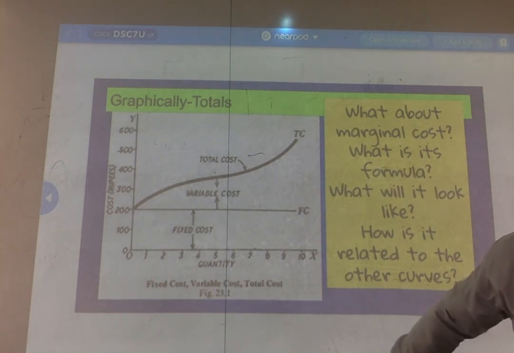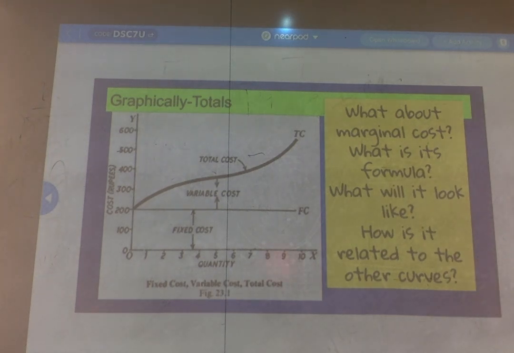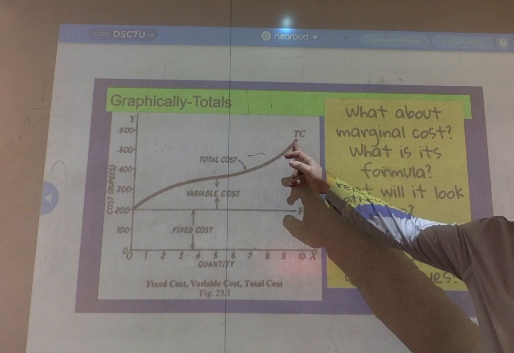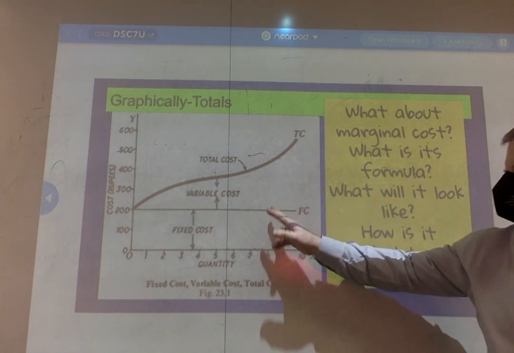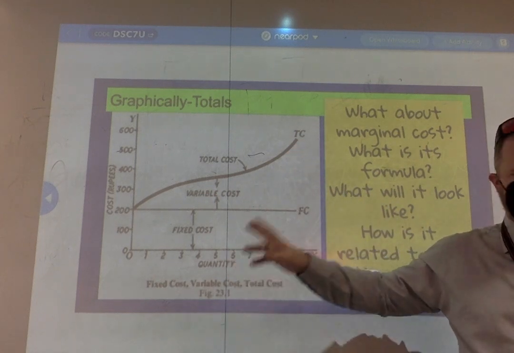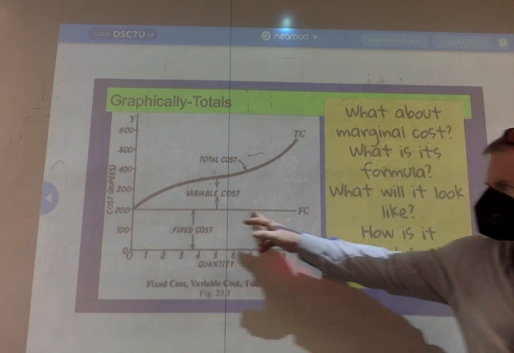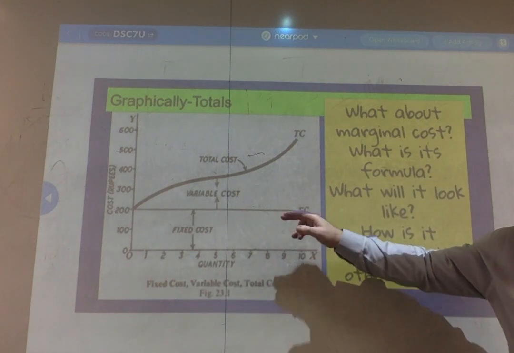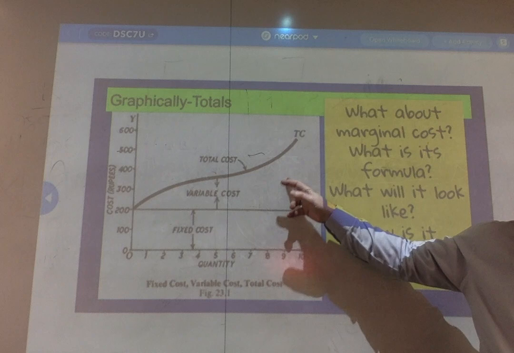So think of it that way. Because it is the change in the total costs, it is going to relate to the other curves as well. The fixed cost doesn't change, but the variable costs will change.